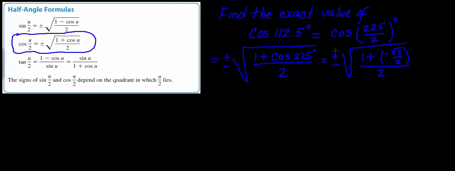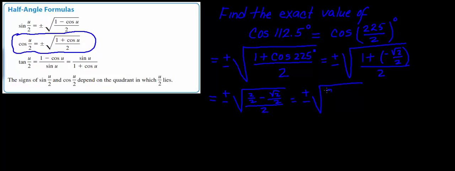I have a fraction and I have a whole number. I'm going to change 1 into a fraction of halves so that I can join the numerators. So plus or minus, 1 I can rewrite as 2 over 2 minus the square root of 2 over 2, everything over 2. That will equal plus or minus the square root.